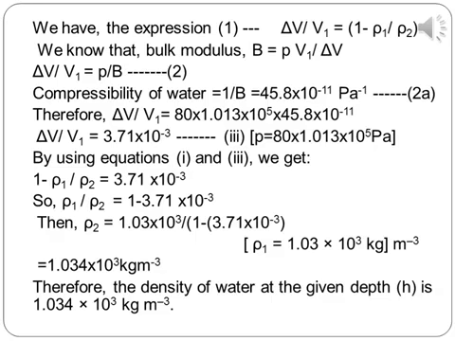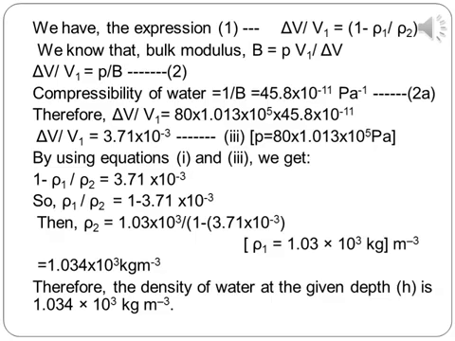We know that compressibility of water is equal to 45.8 into 10 the power of minus 11 Pascal raised to minus 1, which was already given. So, 1 by B is equal to 45.8 into 10 the power of minus 11 Pascal raised to minus 1, which is the expression 2a, since compressibility is the reciprocal of bulk modulus.